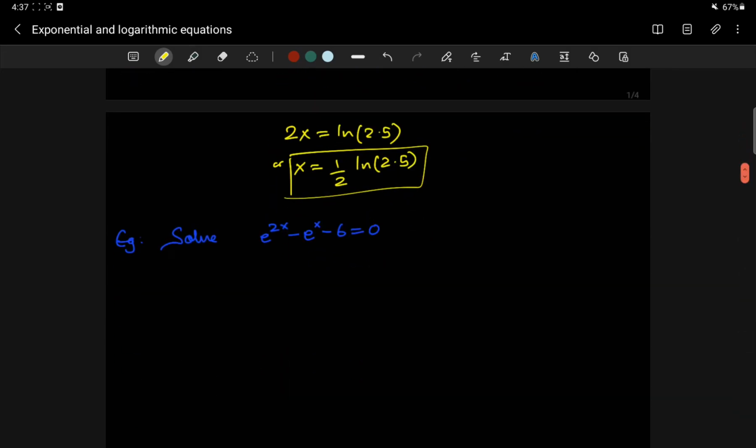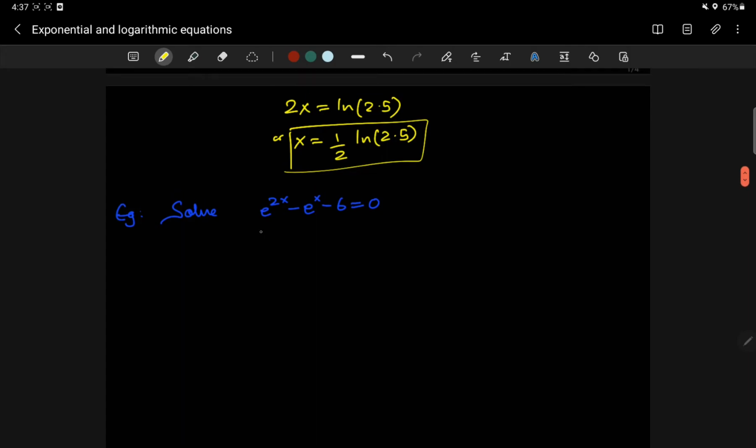Let's look at a third one. e to the 2x minus e to the x minus 6 equals 0. Okay, now this is different. There's a 2x and then there is an x. However, we're going to use an old trick here, which is quadratic-like equations. It's quadratic-like because e to the 2x is basically e to the x, whole squared.